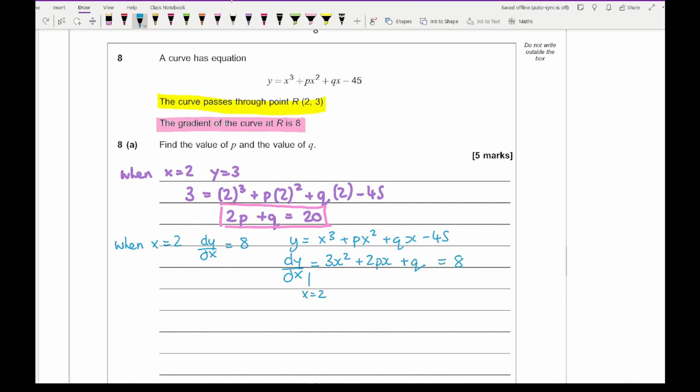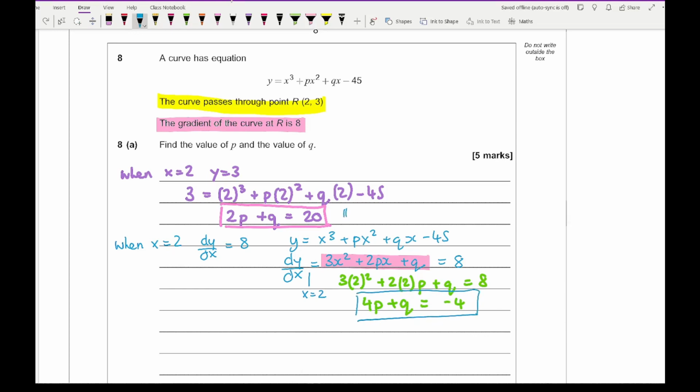So if I substitute 2 into this, then what I end up with is 3 lots of 2 squared plus 2 times 2p plus q equals 8. And if I simplify all of that, I get 4p plus q equals minus 4. Let's put a little box around that.